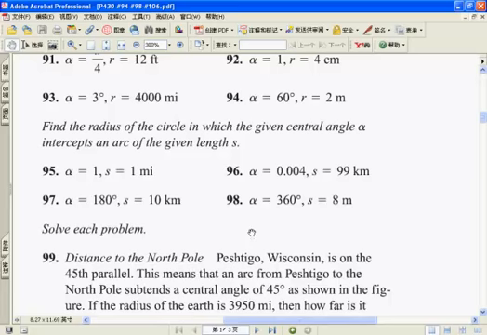So now we need to find the radius of this circle.